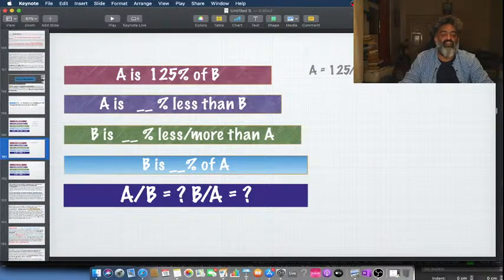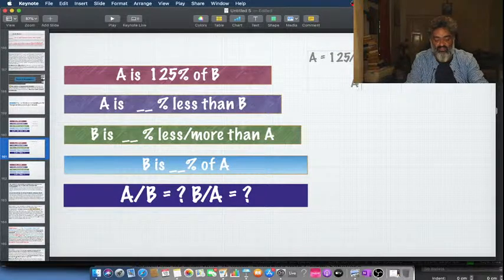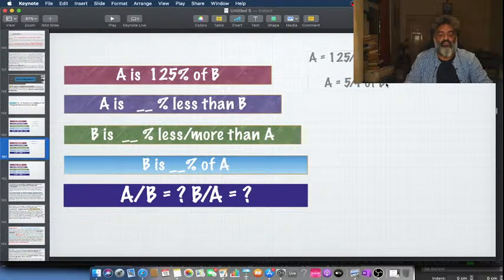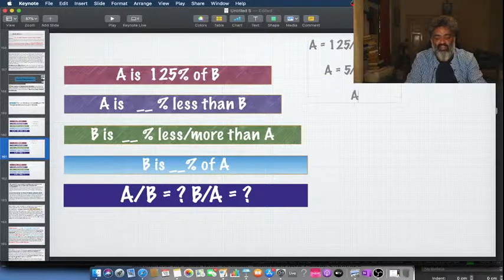A is 125 by 100 of B. Now I can start simplifying it simply by using a fraction. So A will become 5 by 4 of B, which can be rewritten as A is equal to B plus 1 by 4 of B.